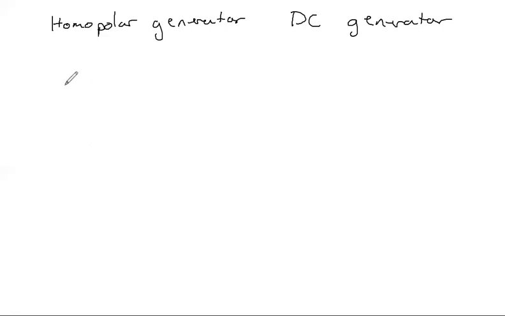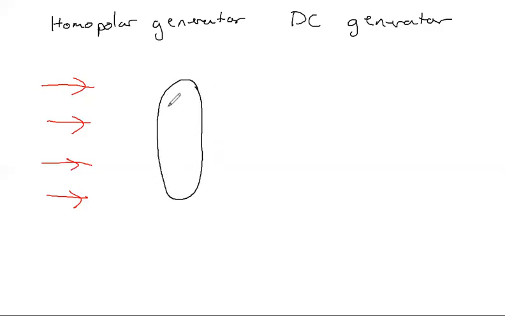We're going to imagine that we have a magnetic field which is uniform, and I'm going to draw it coming in from the left. And then I'm going to imagine I have a conductive disk, a conducting disk, like that.